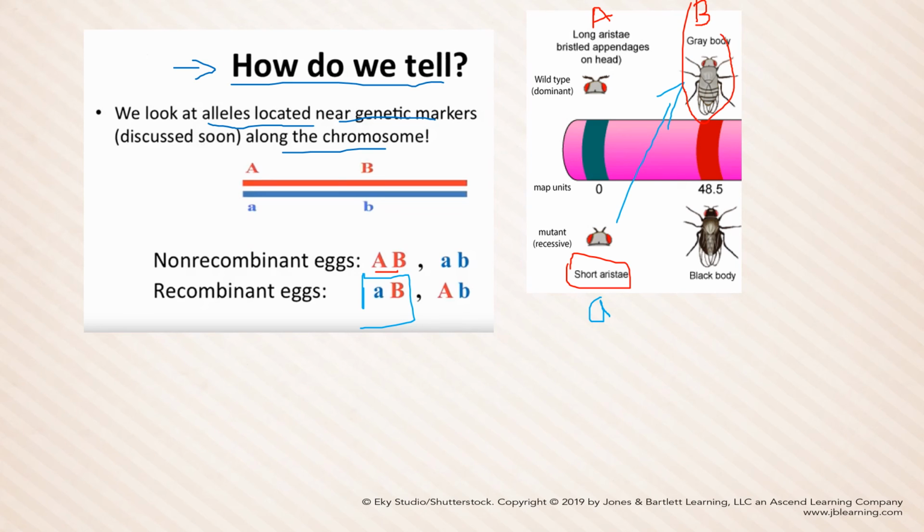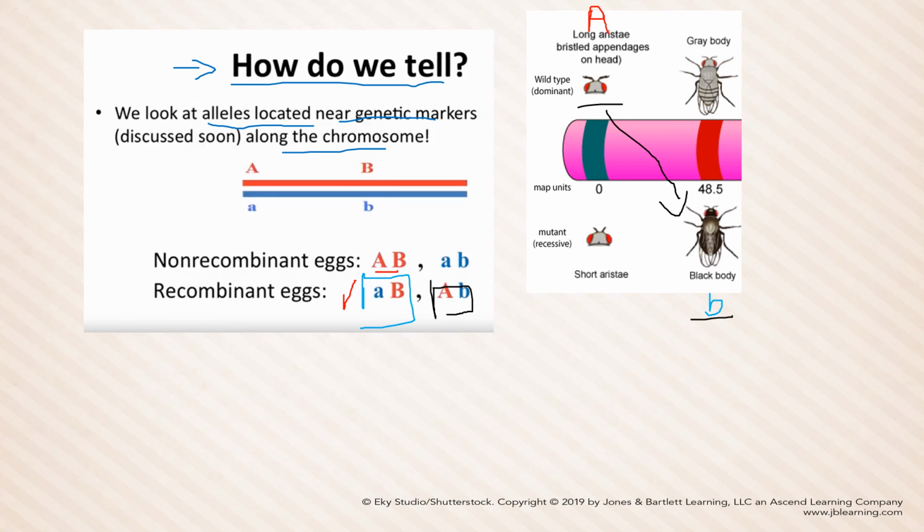So that was not like the parentals. So there was a recombination event. And what about if you also find the opposite, that you find flies that have the long antenna, but at the same time the ebony body, the black body, like what happened here.